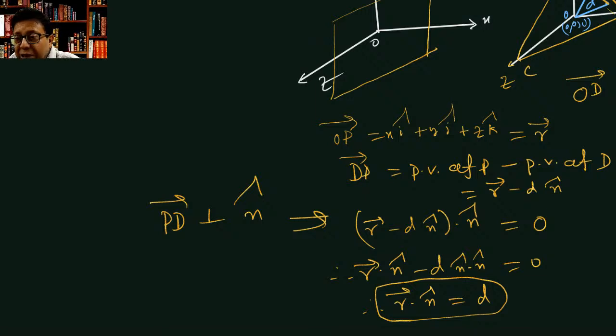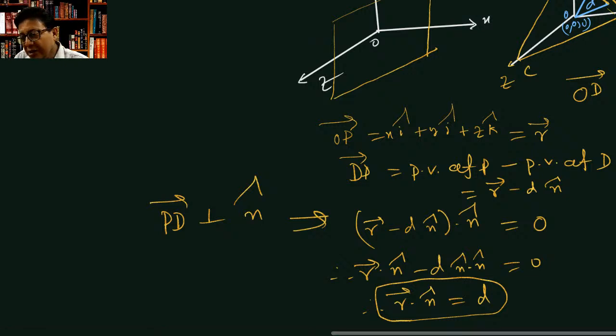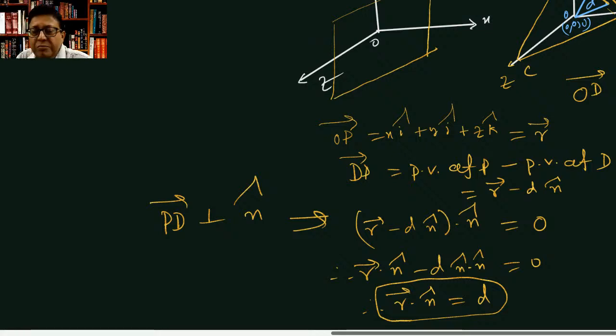You have seen the vector equation of a line. If a line is parallel to vector B, then the equation is R equals A plus tB, where the point on the line is A. But here, what we have defined is a plane.